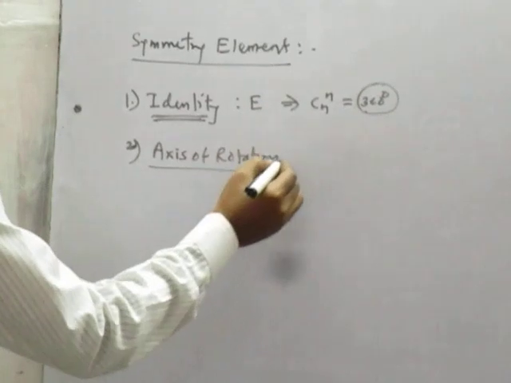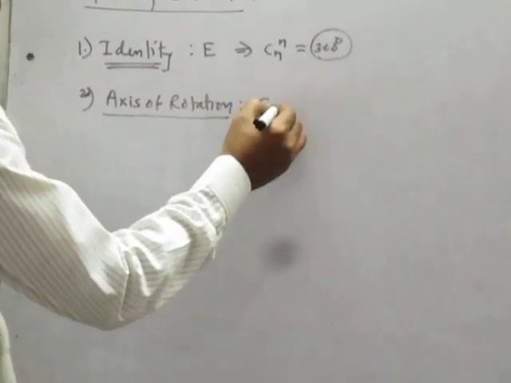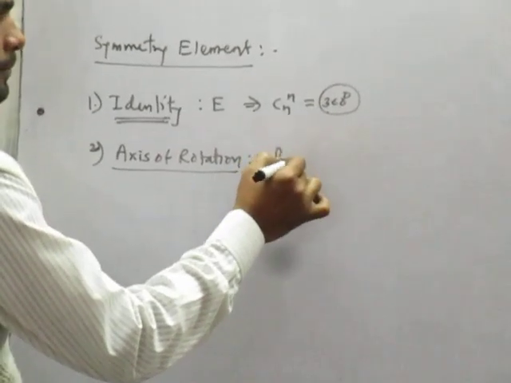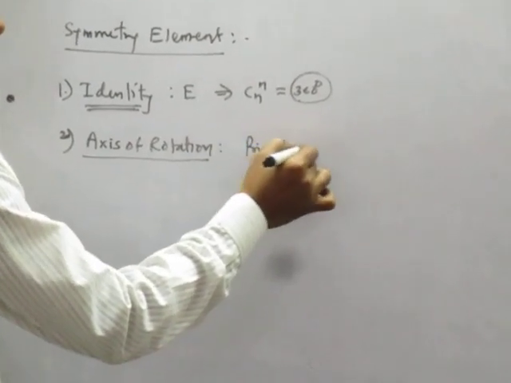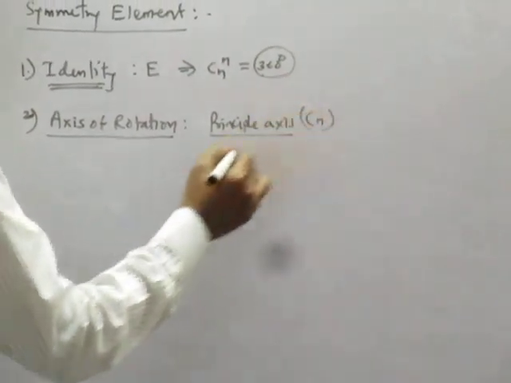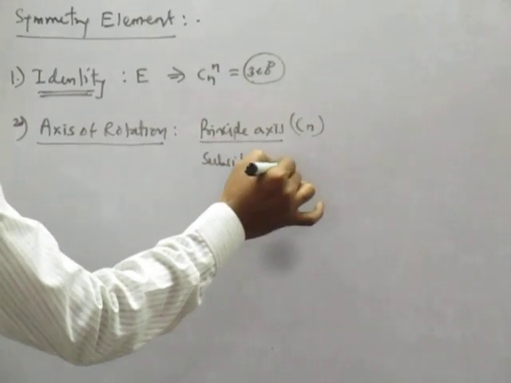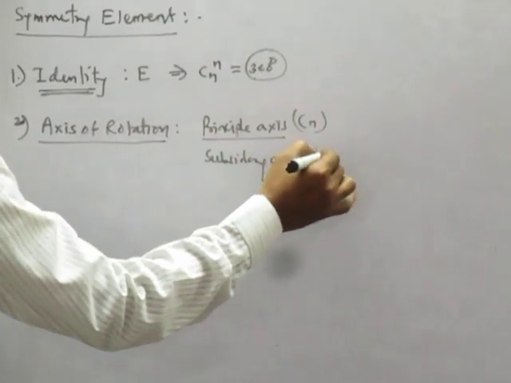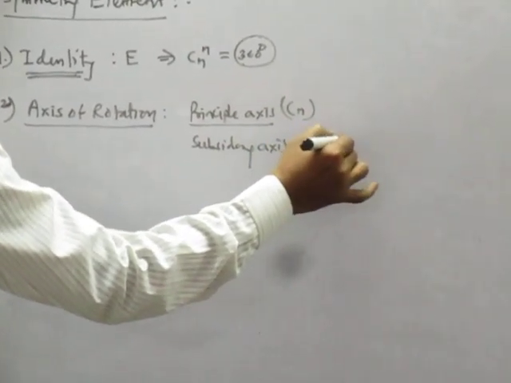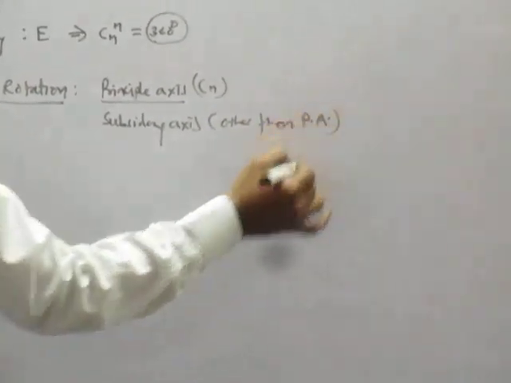In the axis of rotation, there is the principal axis Cn, as well as subsidiary axes of rotation other than the principal axis.